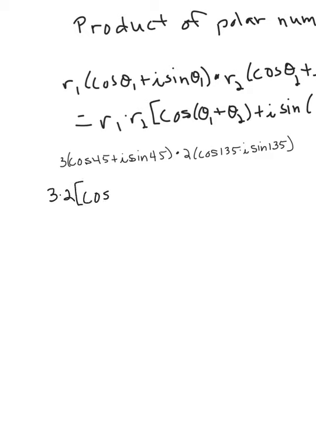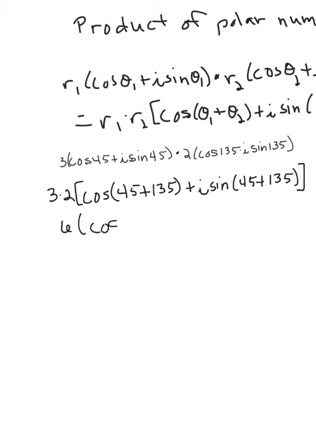Then we do the cosine of the two angles added, 45 plus 135, plus I times the sine of the two angles added, 45 plus 135. Well, 3 times 2 is 6. Cosine of 45 plus 135 is 180 plus I sine of 180. And that is your answer. You are done.